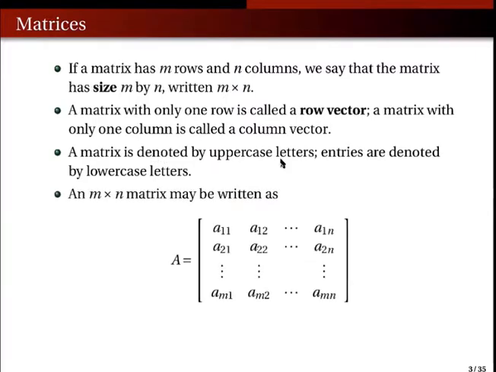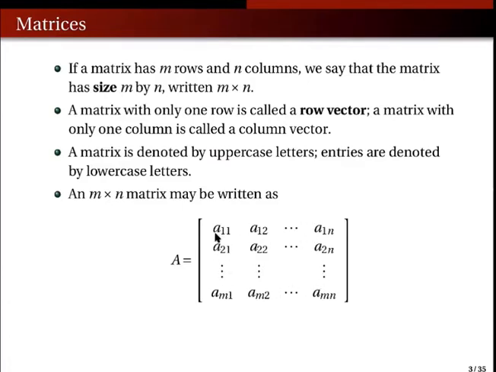So for example, here is an m by n matrix in the general form. We have the name of the matrix as capital A, and then we have these square brackets and the letters inside, which are the entries of the matrix.